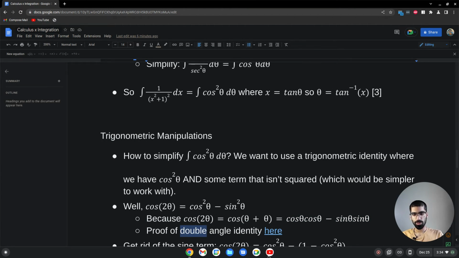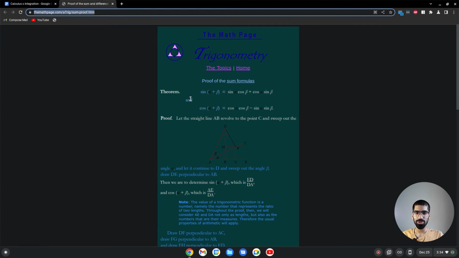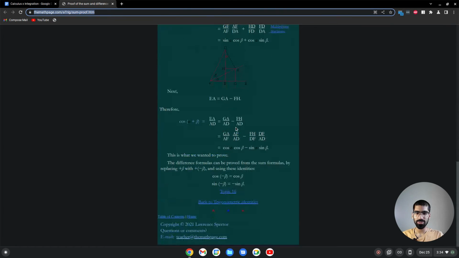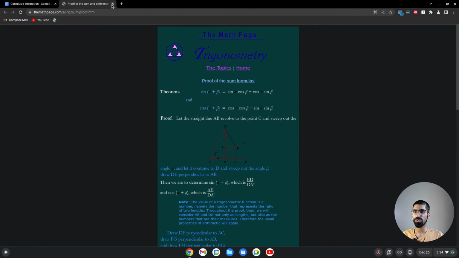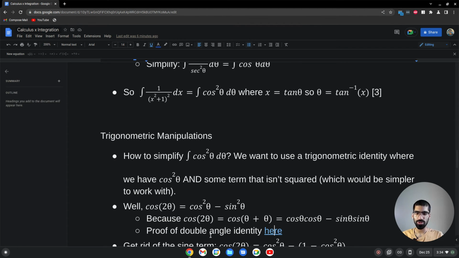Anyway, if you don't know this identity, then that's kind of cheating. What you can do is go to this page, which I will put in the description, where you can read through a not too long, very geometrically intense proof of the sum of angle identity.